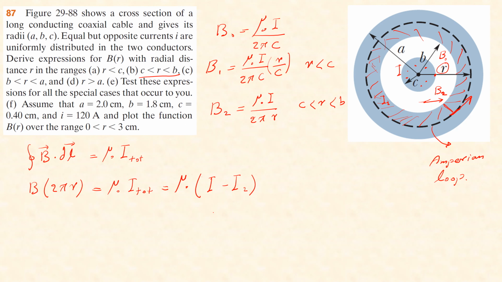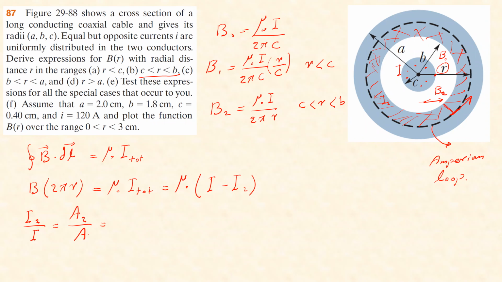And how much is I2? To find I2, we say that I2 over I is the same as the area of this part that I actually scratched, A2, over the total area of the cross section of that wire.